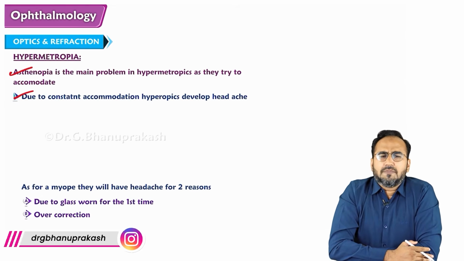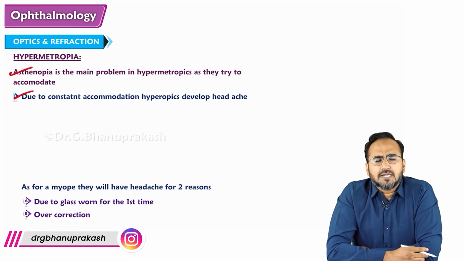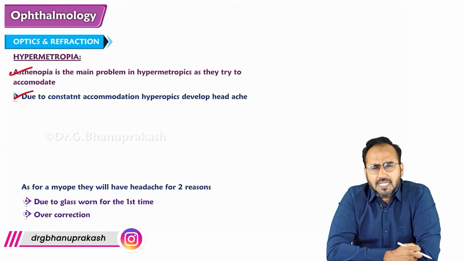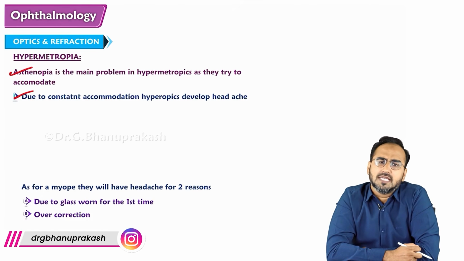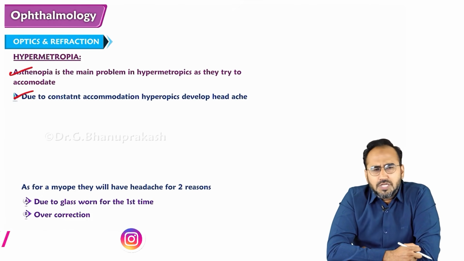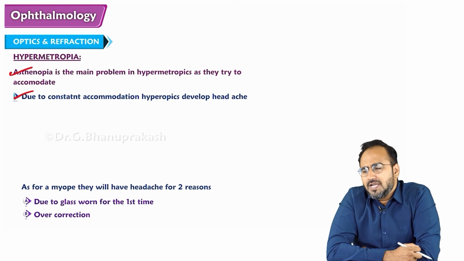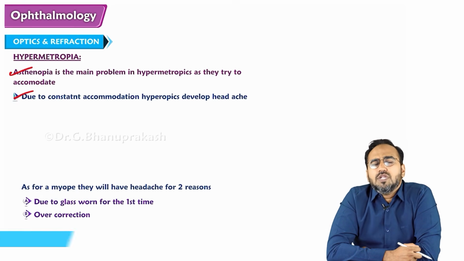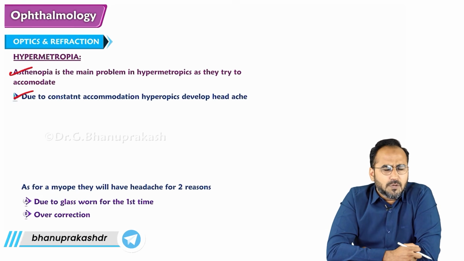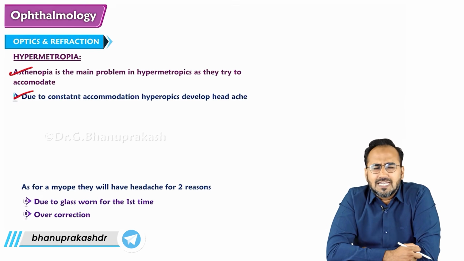So guys, remember, when a person comes to your clinic saying that I am not able to see the far things or the near things, what do you need to do? You need to go for an eye checkup. How will you check the eye? If it is myopia, you take him in front of a Snellen's chart.